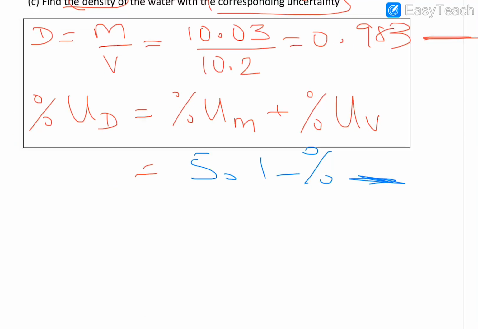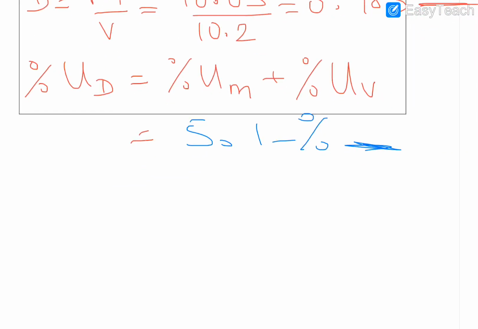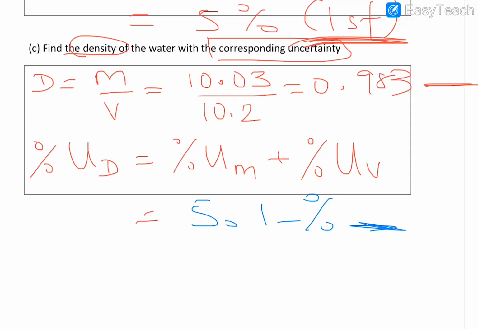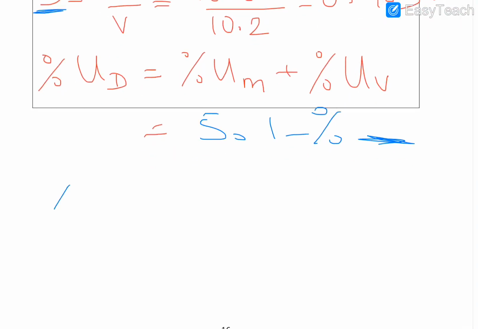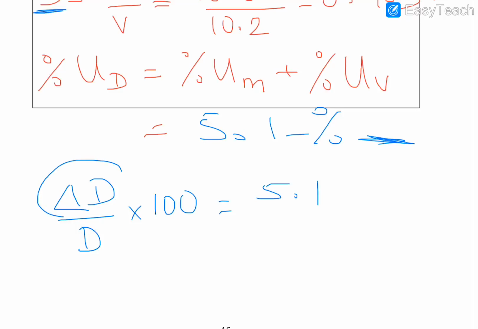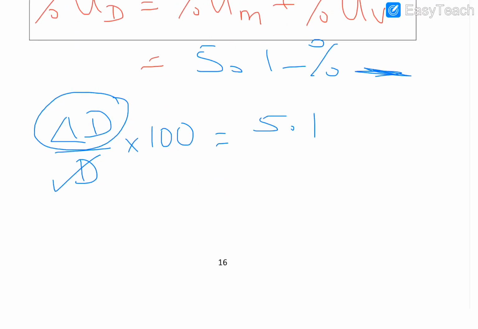Now for me to find now the uncertainty in the density, so I'm going to use the formula. So delta D over D times 100 gives me 5.1. For this question, I need to find the uncertainty in the density. I know the density, so I'm just going to apply subject of formula.